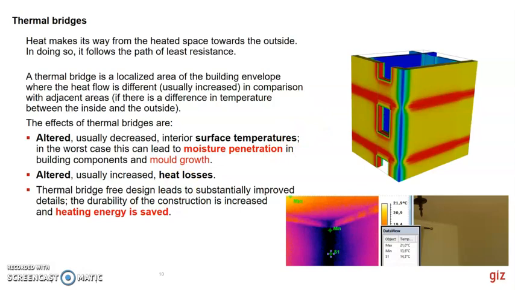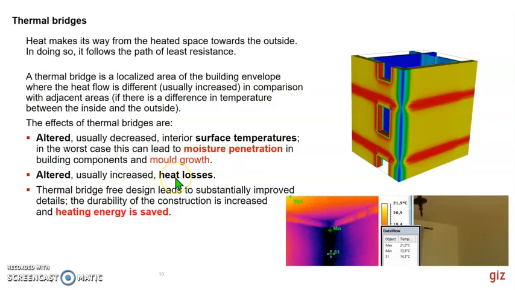So why are thermal bridges, cold bridges, important? Because they can increase moisture penetration in the building material, which could lead to some damage in the building structure. It also can lead to mold growth and to a bad indoor environment.